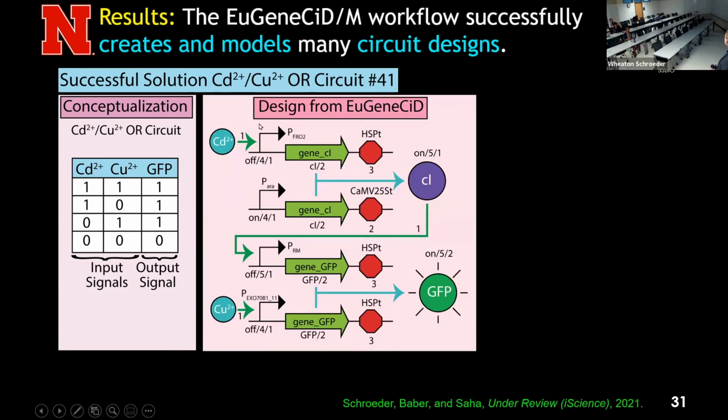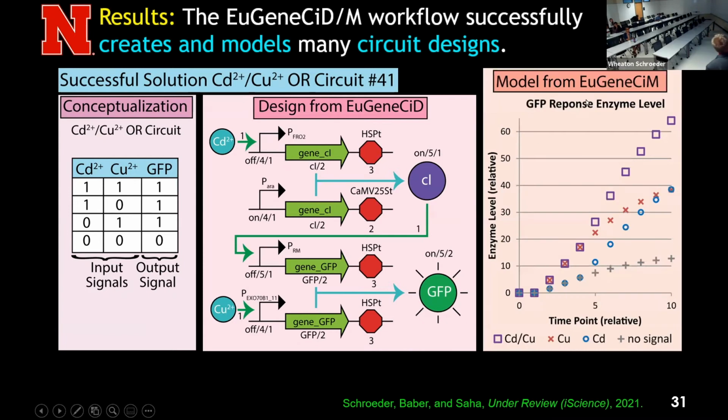Eugene-SID will then design a particular set of triads, which includes promoters, transcripts, and terminators that will give us this desired logic. And then Eugene-SIM will model this logic over a period of time. For this particular circuit, we can see that Eugene-SIM gives us an OR behavior, so we're seeing the correct dynamic behavior.